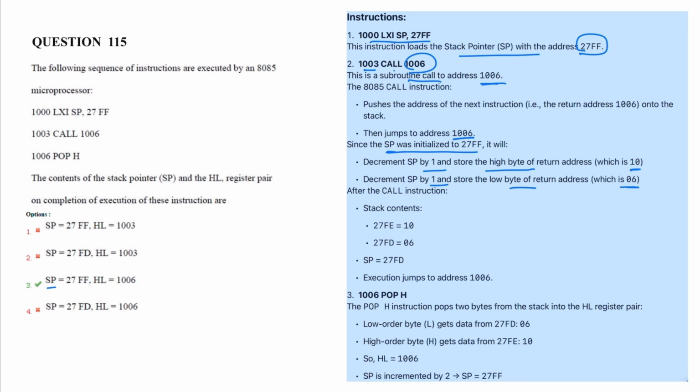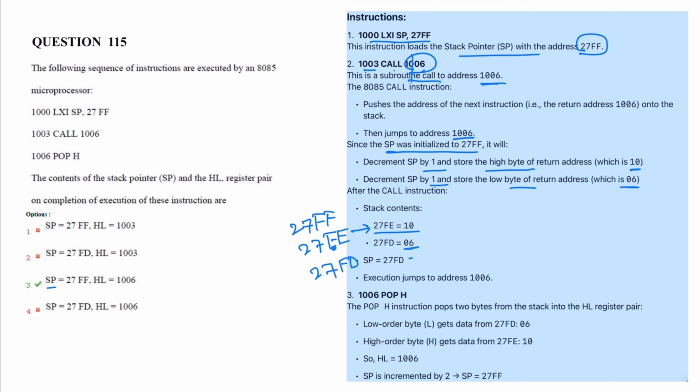So 27FE contains the higher order byte 10, and 27FD contains the lower order byte 06. Execution jumps to 1006.